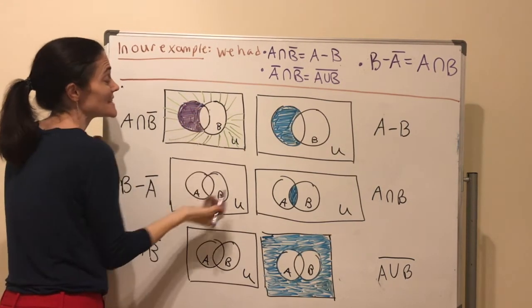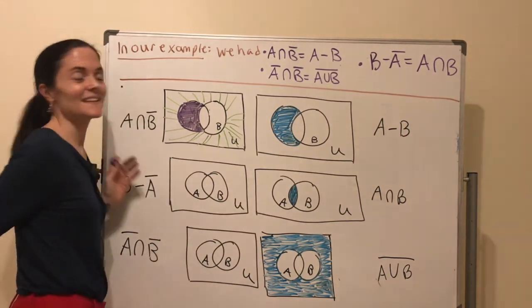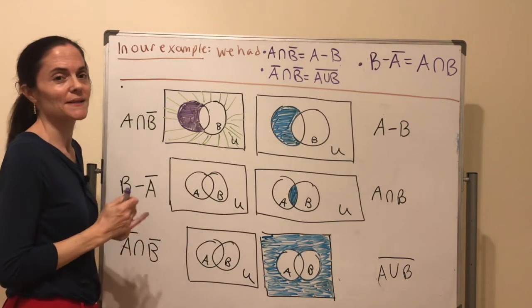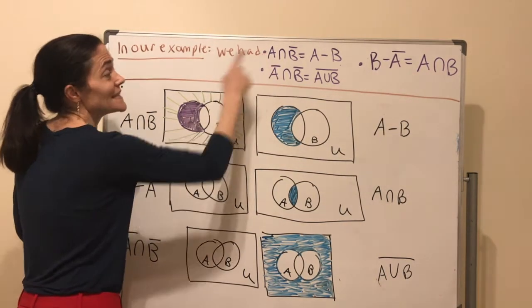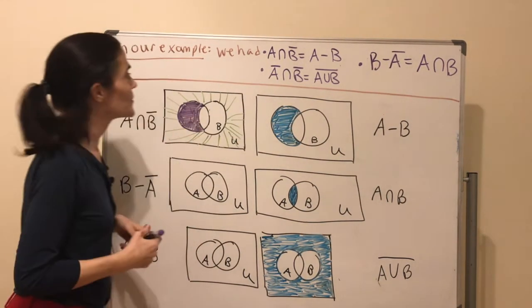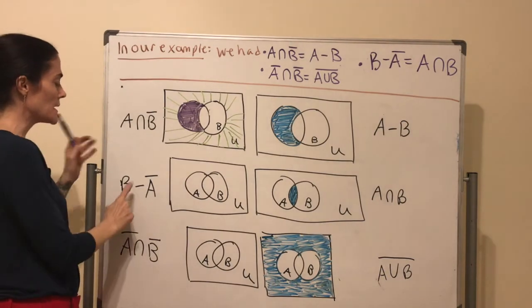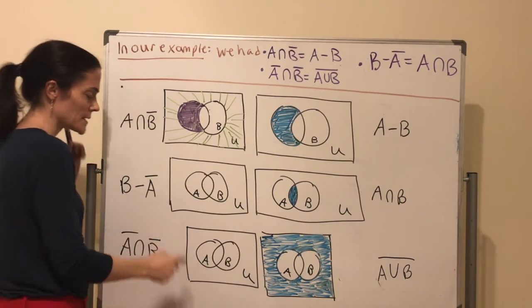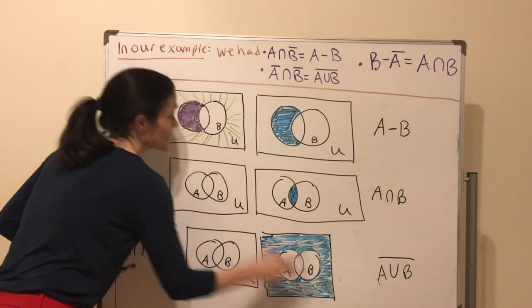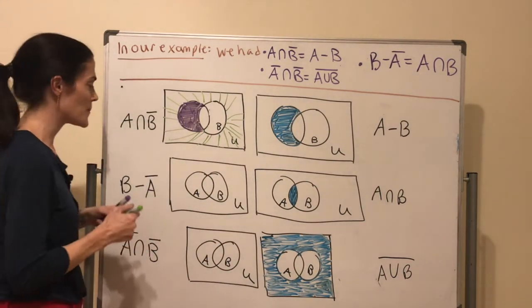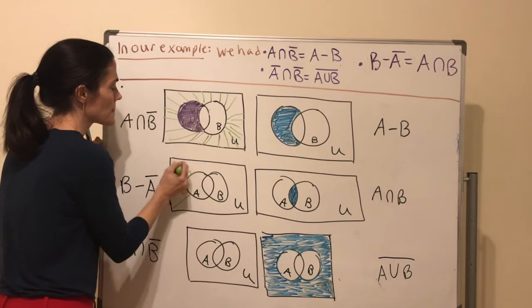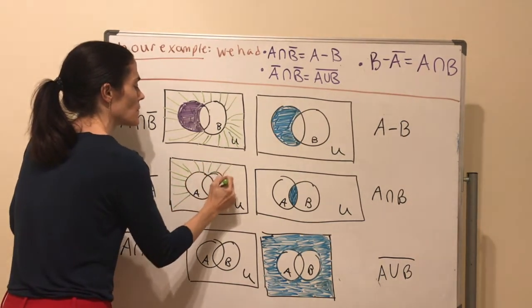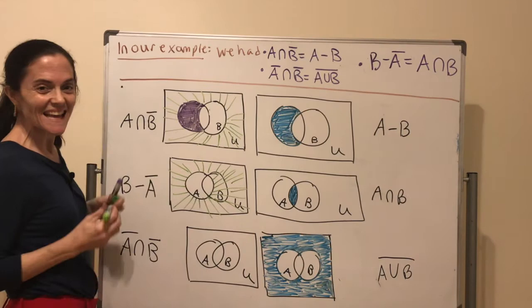Okay, and you notice that it's the exact same region that I have over here, which would illustrate at least this one generally, not just for our example. Now let's move to here, B minus A complement. So just as I did here, I will have this intermediate step where I will put green lines on A complement. Okay, this is A complement.